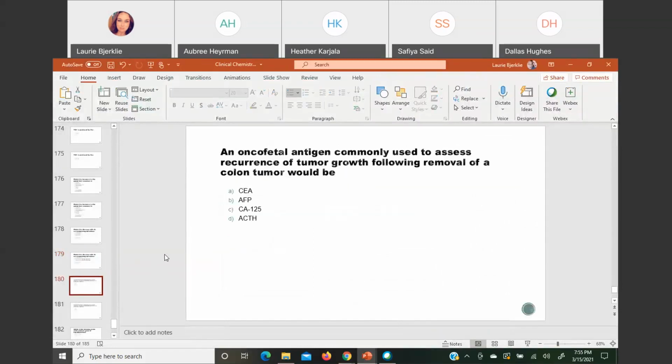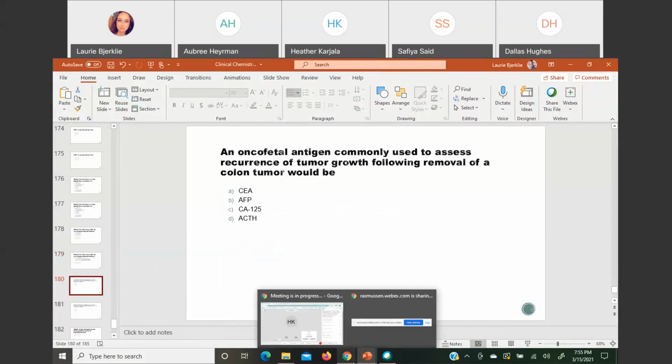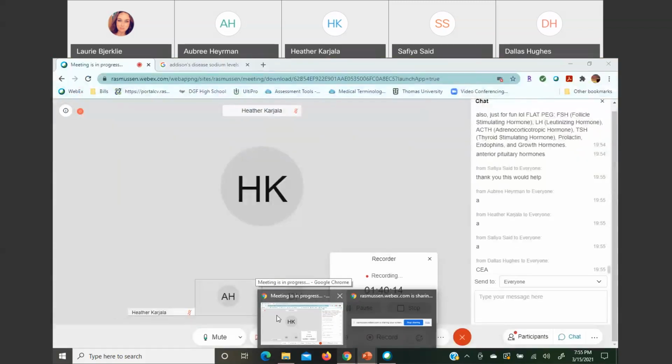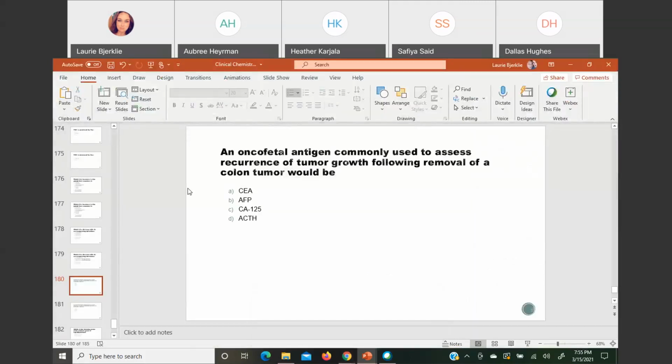An oncofetal antigen commonly used to assess the recurrence of tumor growth following removal of a colon tumor would be what? So which one of these do we measure for colon tumors? Yeah, you guys have this one down. You probably already know the saying with it.